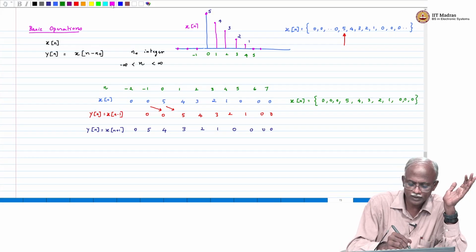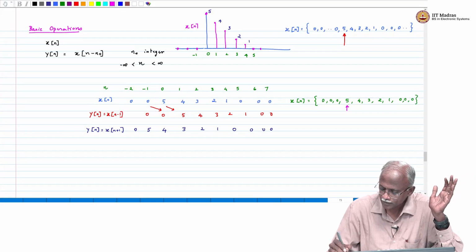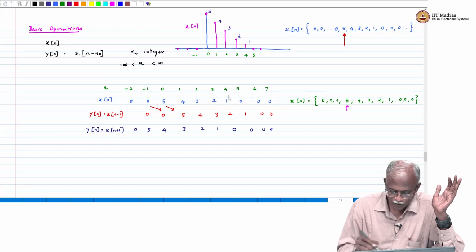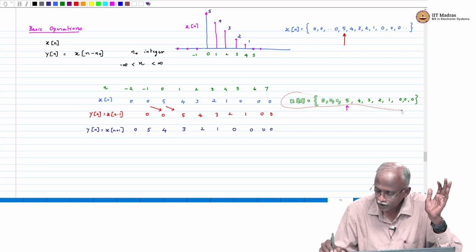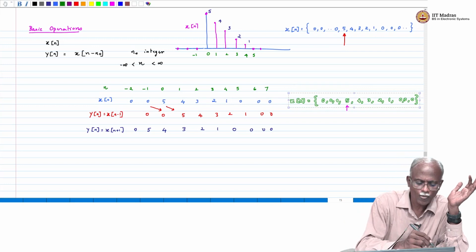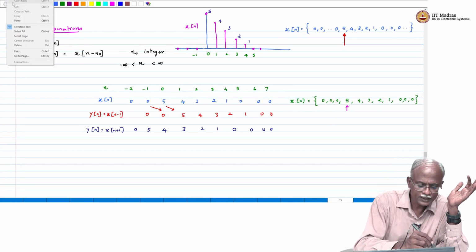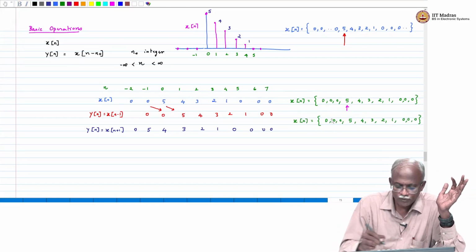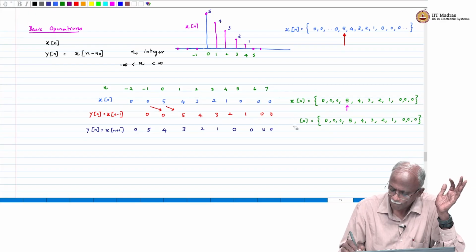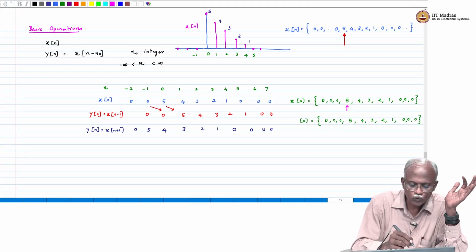This is x of n, the origin is here. For y of n equal to x of n minus 1, you take this entire sequence and paste it here. So this is y of n.